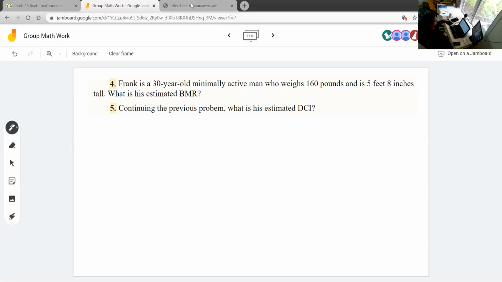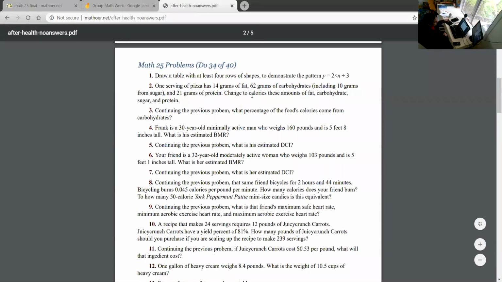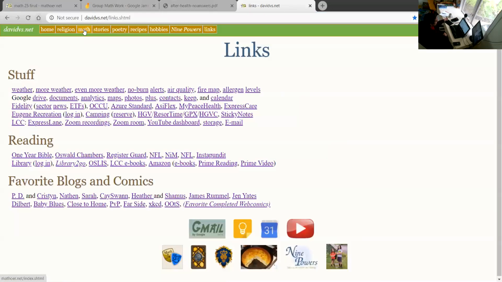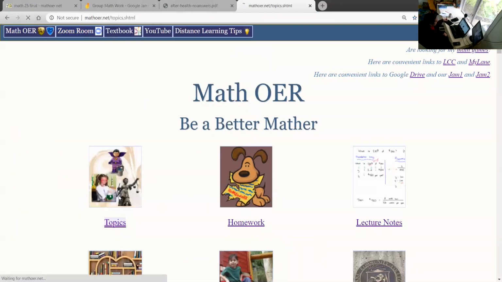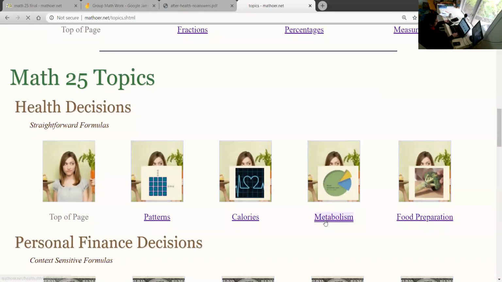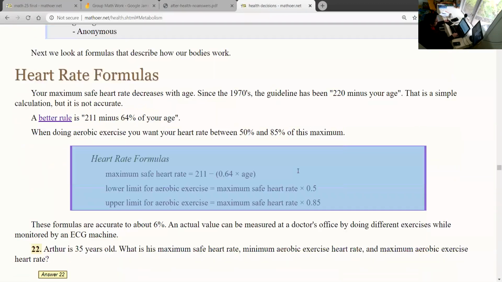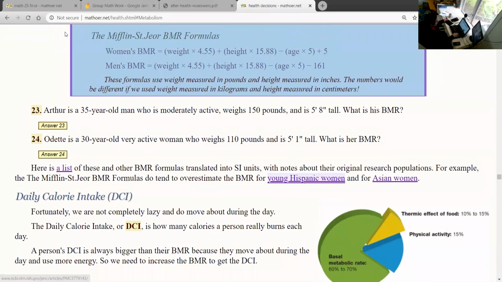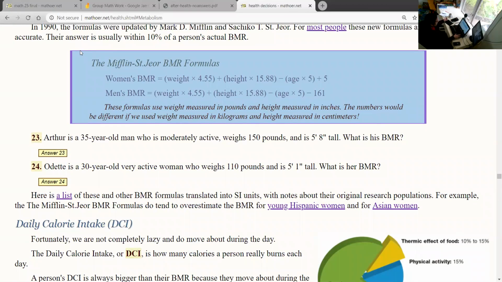The fact that it's not printed for you on the test means it needs to be in your notes. A big reason we're doing this today is to help get you used to what the test will look like. So I need to go to the notes and say Math 25 topics, metabolism. So here's our formula. We will need that.